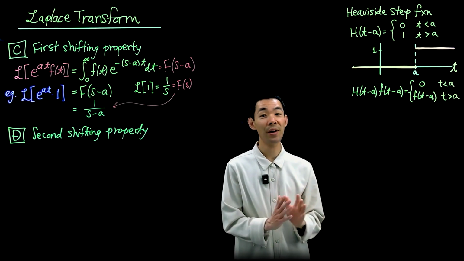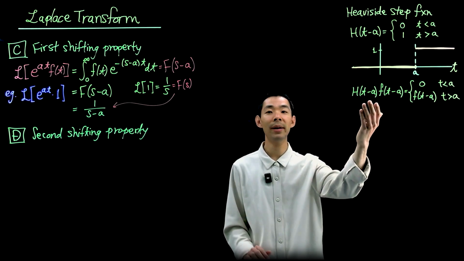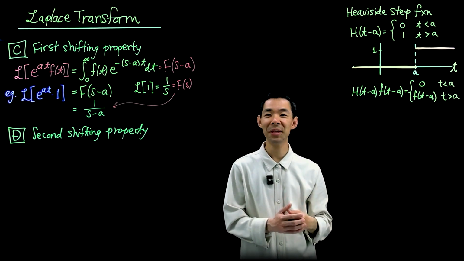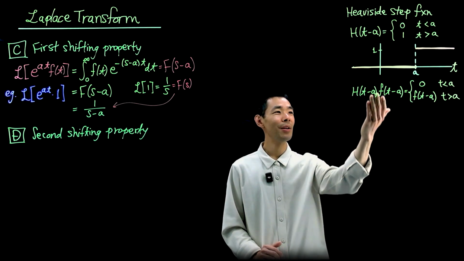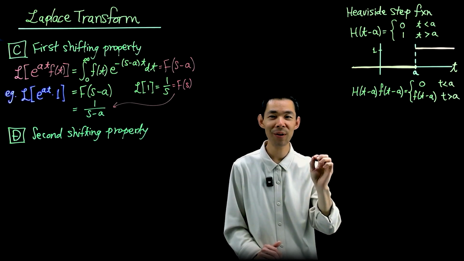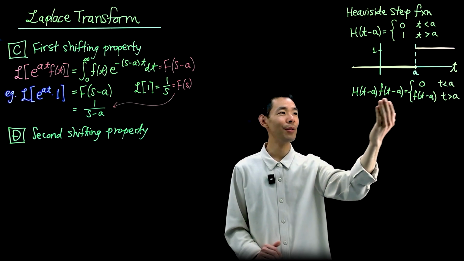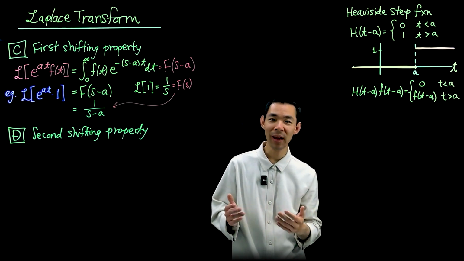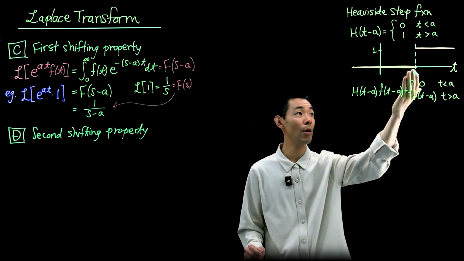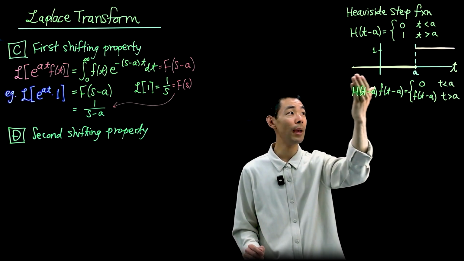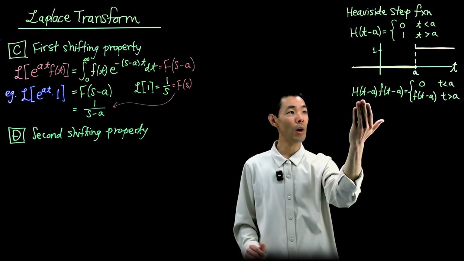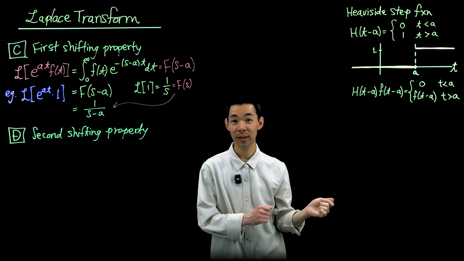So if I take Heaviside of t minus a, times the function you want, f of t minus a, then this turns on the function exactly at the value of a. Before a, it's always equal to 0 because you're multiplying the function you want with 0. So it's 0 all the way, but precisely at the value of a, boom, the Heaviside jumps to 1, and therefore all you get is the function to come out.